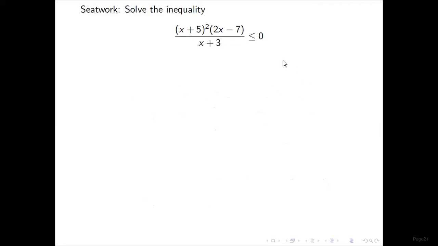Okay, if you have an answer, can you please send it in the chat box so I can see if some of you at least understood the topic. Okay, that's partially correct.